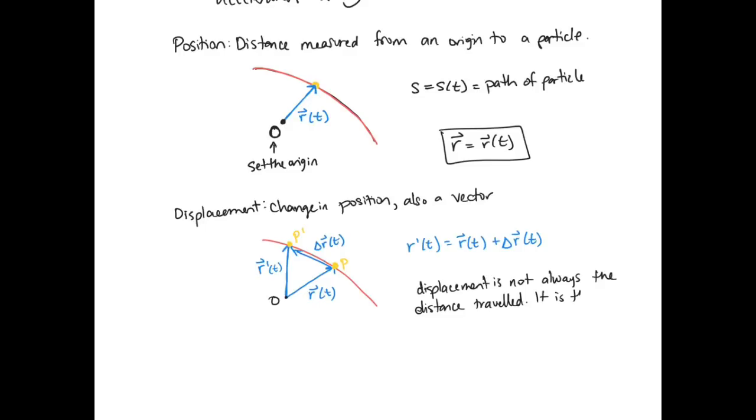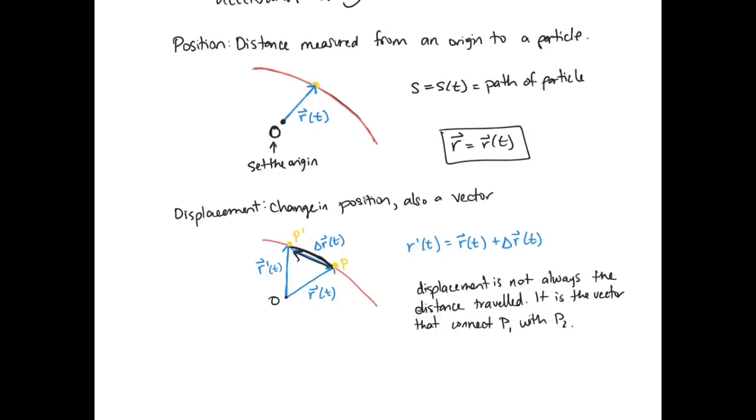It is the vector that connects P1 with P2. In this case, you can see that the vector that's connecting these points is not exactly the same as the path that's connecting those two points.